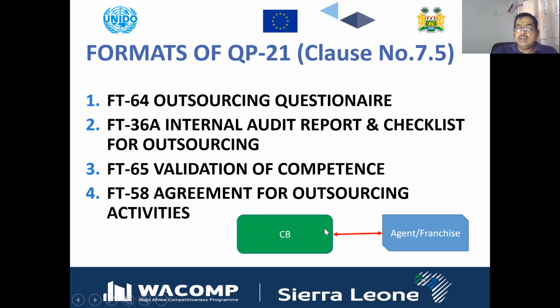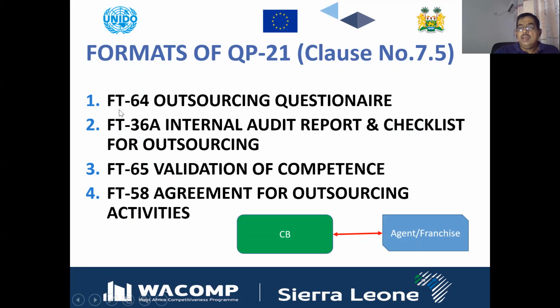So all the decisions, all the authorities you have, that is why while you are communicating with your agent and franchise in Liberia, for example, you have to send a questionnaire to check what kind of organization that is. Maybe 3 organizations have approached you, or maybe one organization, but you have to send the outsourcing questionnaire. They will give you information about what kind of organization they are.